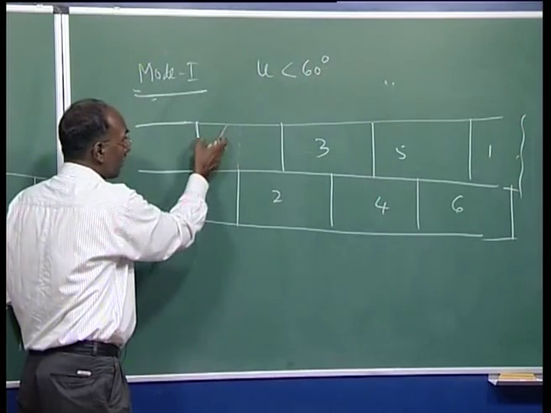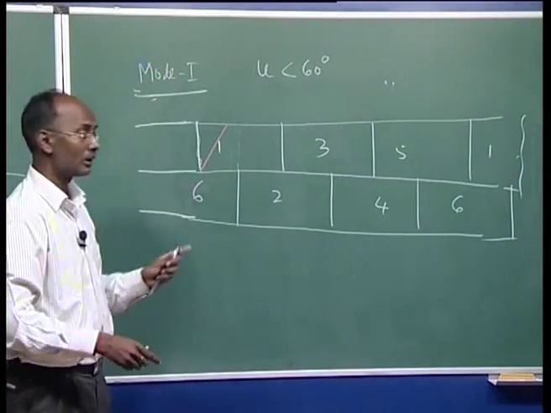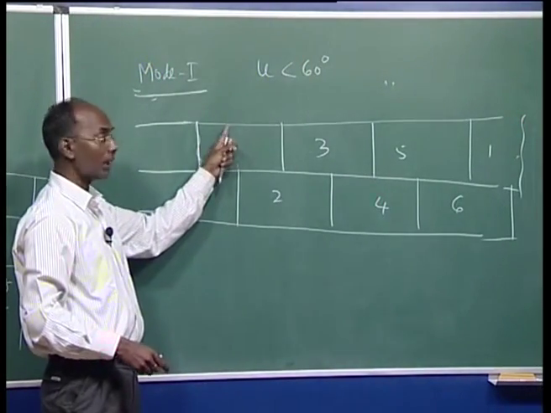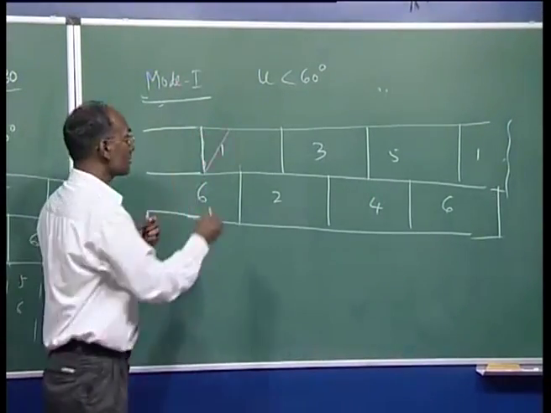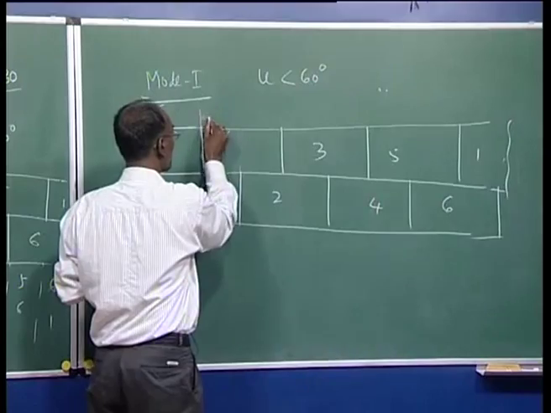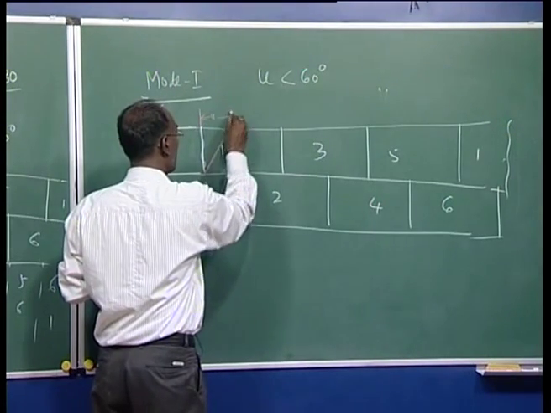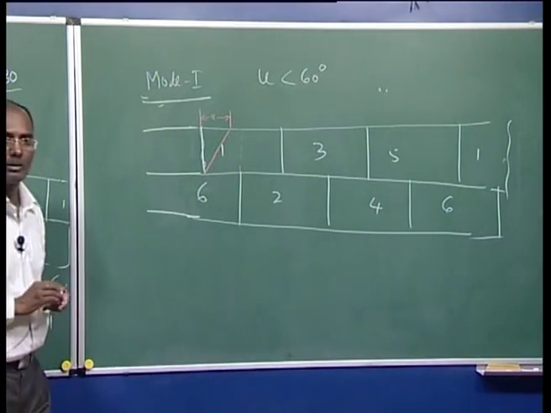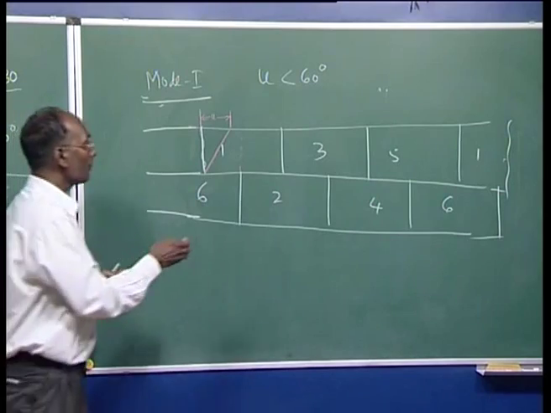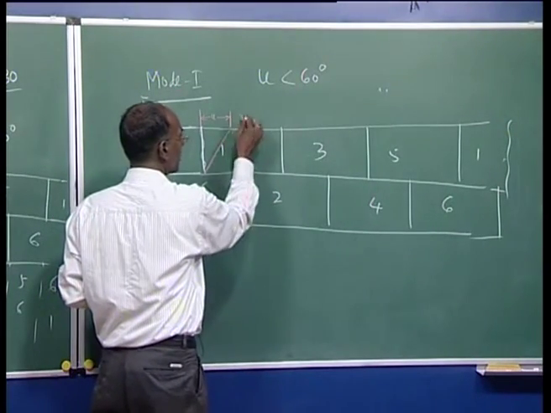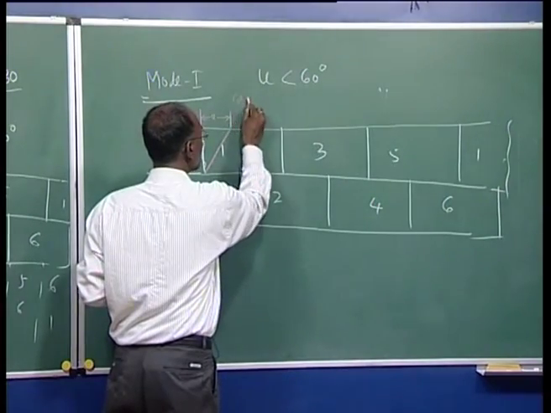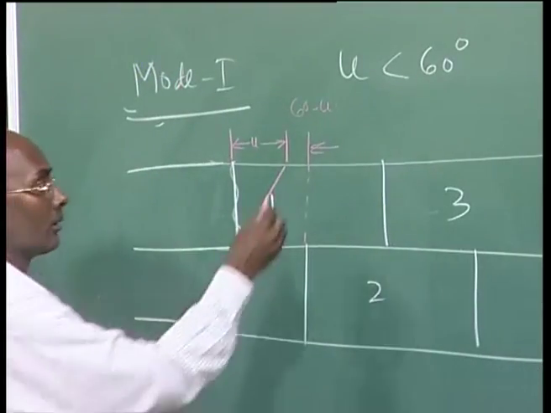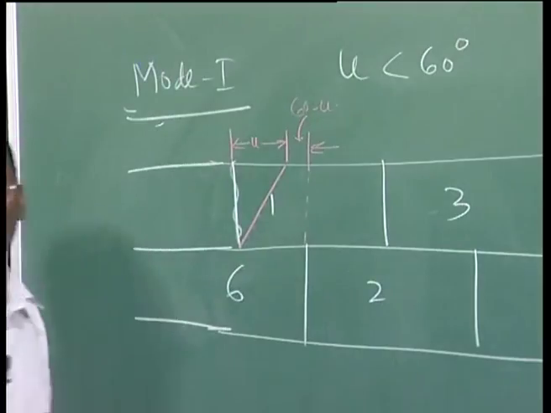There is some delay, meaning this valve is going off and taking some degrees, that is the overlap, and from here I can say this is your angle u. So the remaining period here will be 60 minus u.